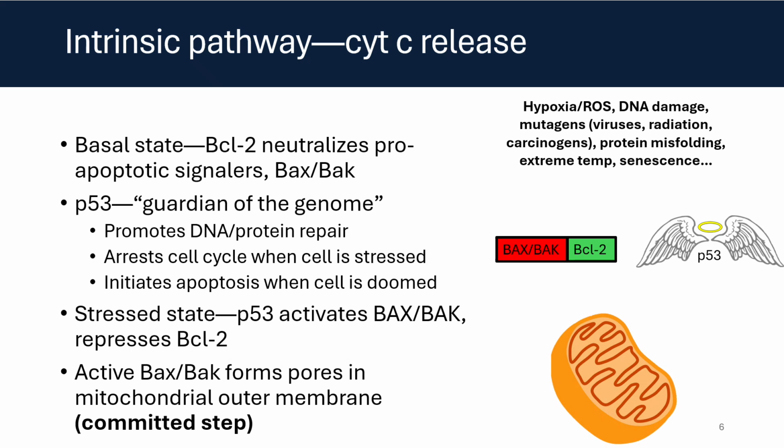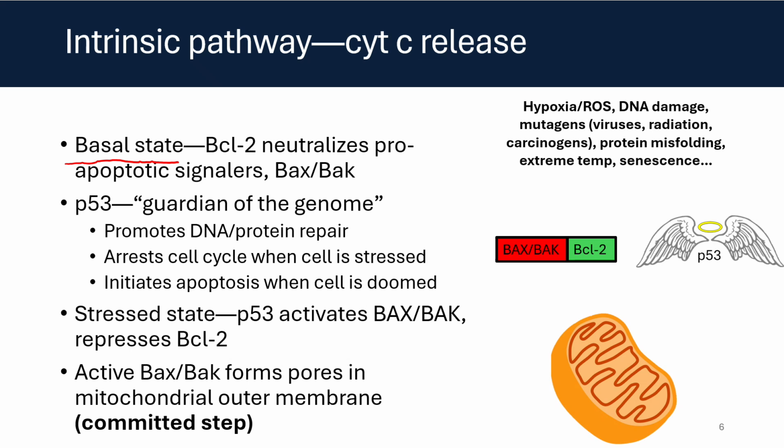I think you're ready now to take a look underneath the hood of the intrinsic pathway of apoptosis. And it begins with something known as the basal state. The basal state is when a cell is hunky-dory. Everything's happy. We're doing our job just fine.